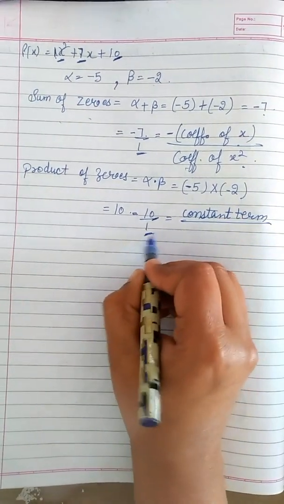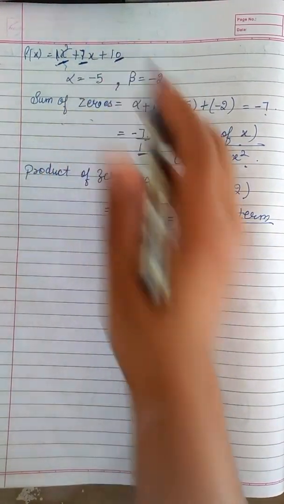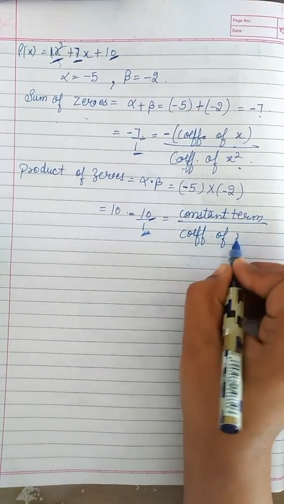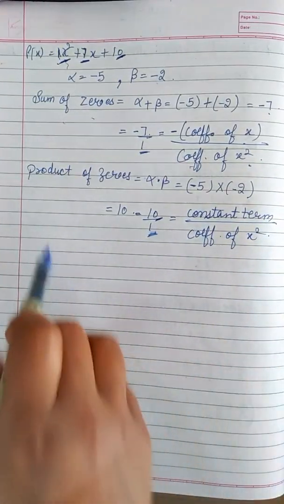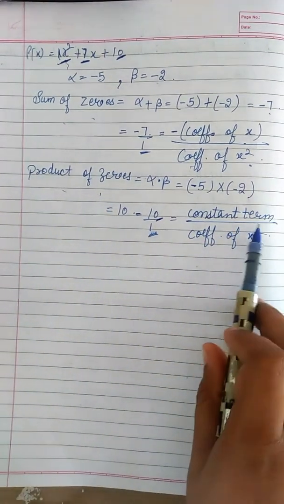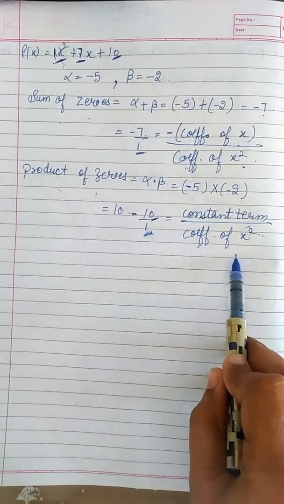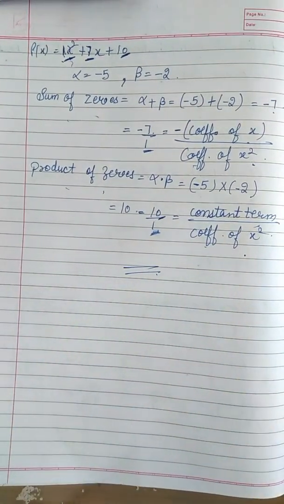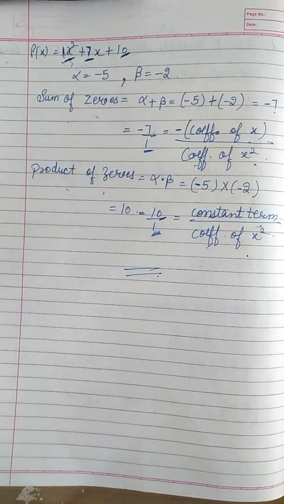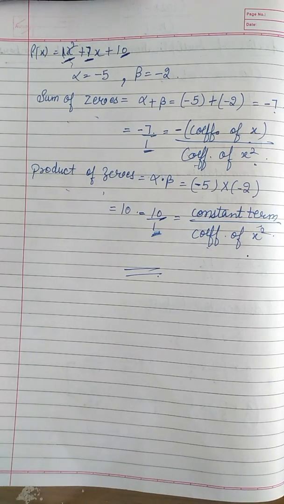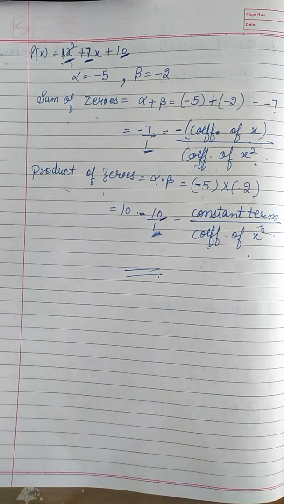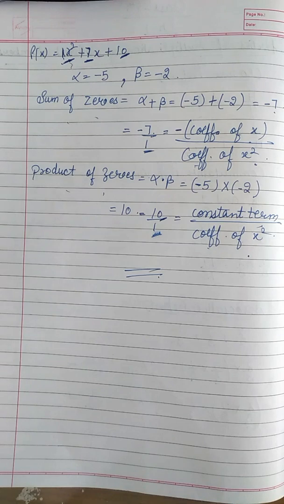Upon what is 1? 1 is the coefficient of x square. So product of zeros is equal to constant term upon coefficient of x square. So hence verified. In this way, we can verify the sum of zeros and product of zeros, and we can find the relationship between zeros and the coefficients.